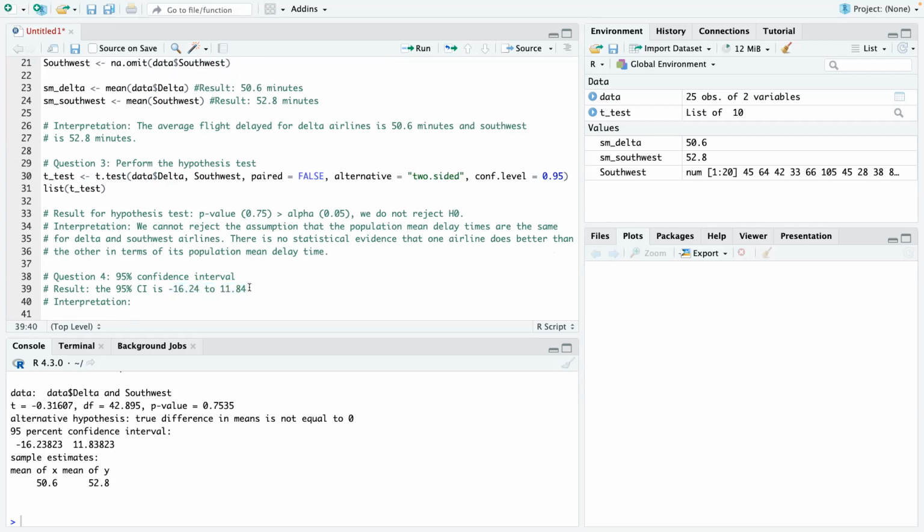Because it falls within that interval, our result of saying do not reject H0 is actually correct. So because the CI contains 0, there's no statistically significant difference between Delta and Southwest delay times.